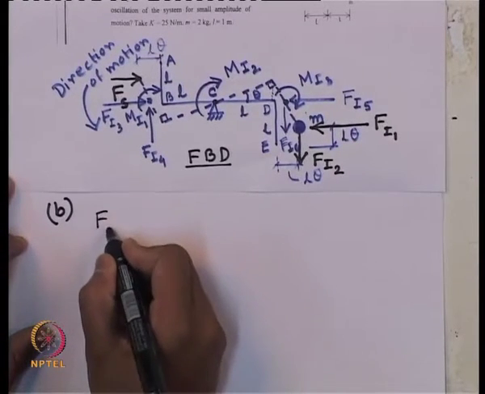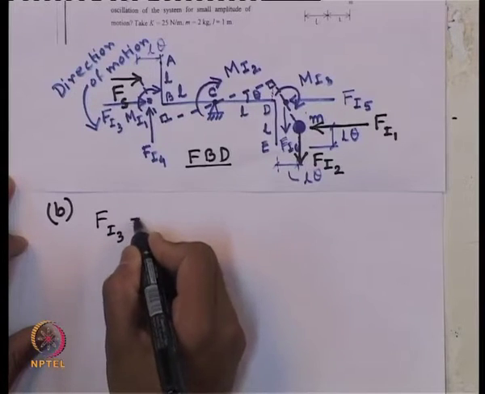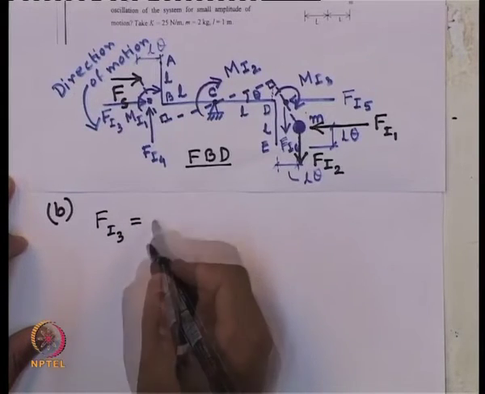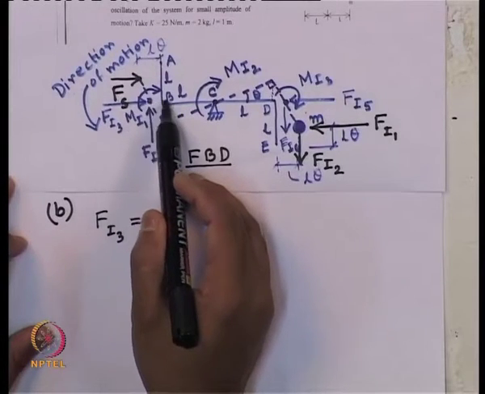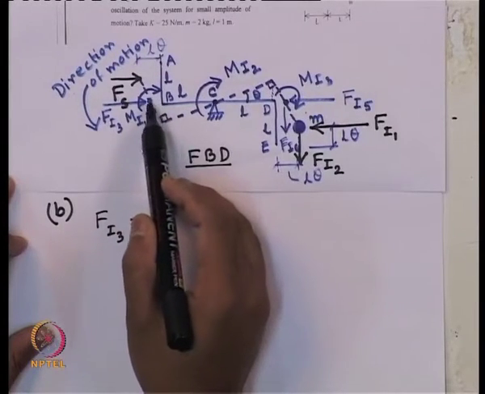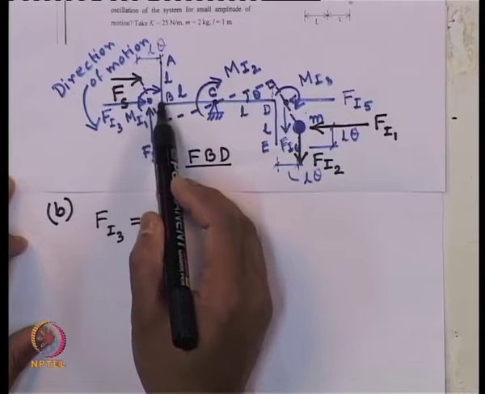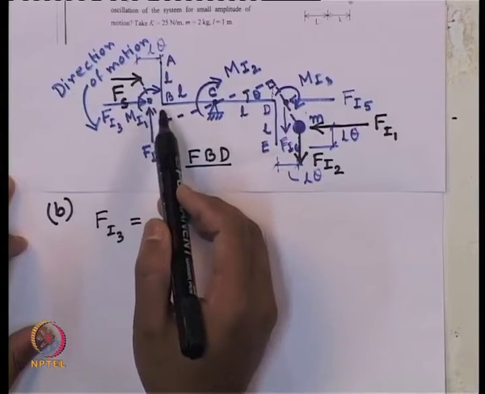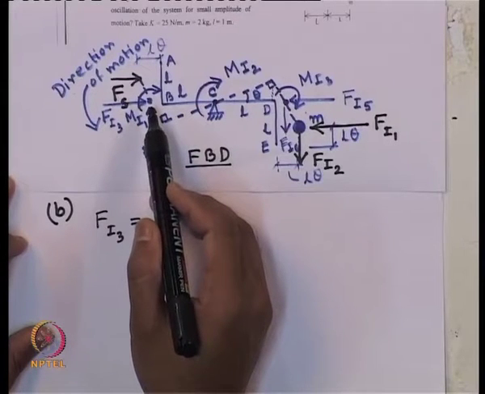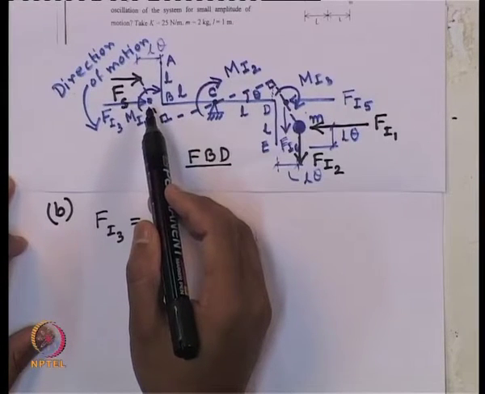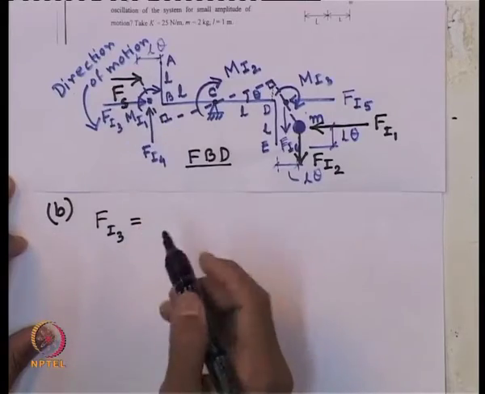F I 3 is how much? Mass times acceleration in the horizontal direction. Now, in the horizontal direction, how much has it been displaced about its center? L by 2 theta.